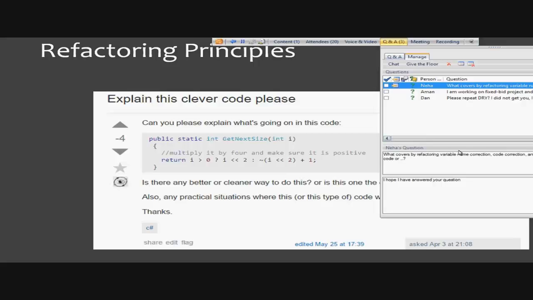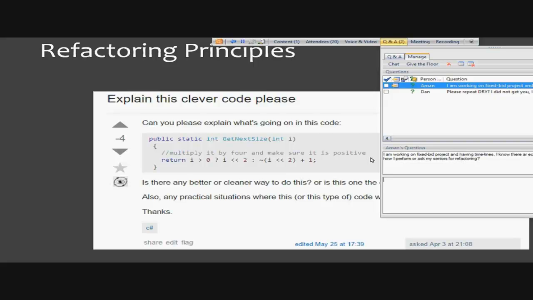I think I have answered this as well. Aman is saying, I'm working on a fixed bid project and having timelines. I know certain improvements are required. Now how do I perform or ask my seniors for refactoring?